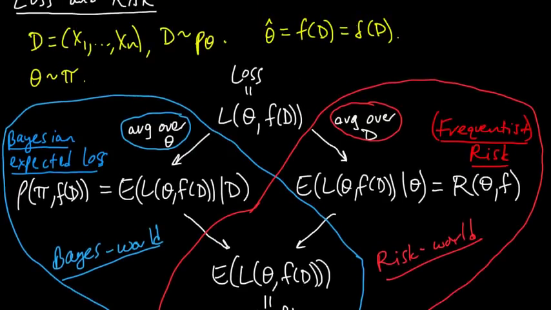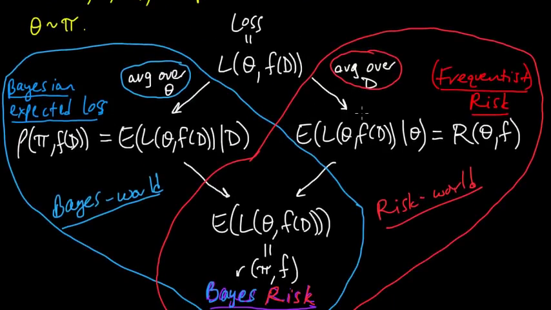What justifies these different perspectives, or what are the arguments? Well, the Bayesian says, we should use this, because we know the data. Typically we get some data and we want to minimize the risk of the action that we're going to take. So the Bayesian perspective is, we know the data.